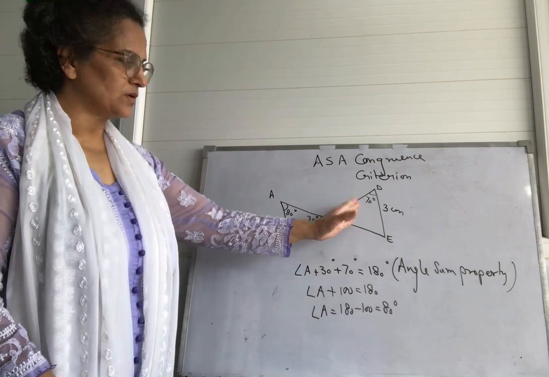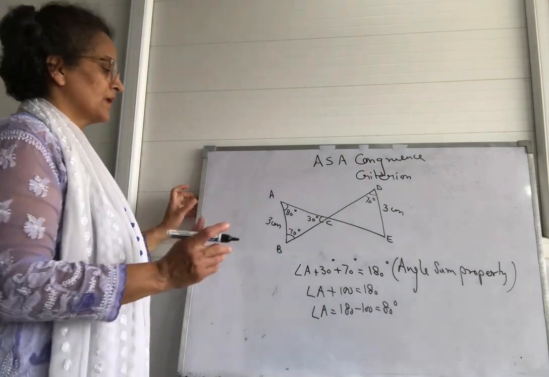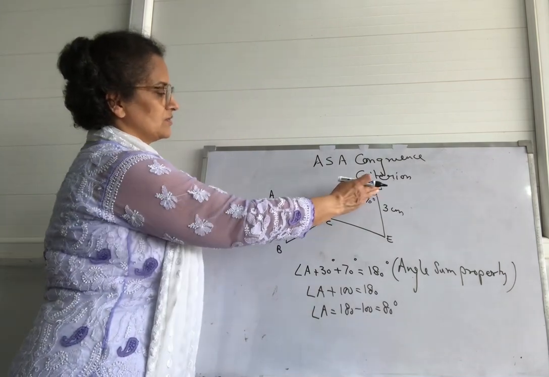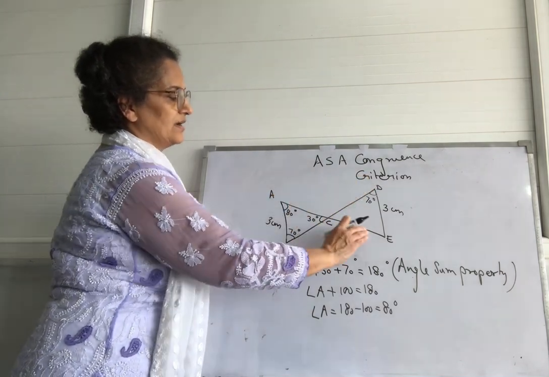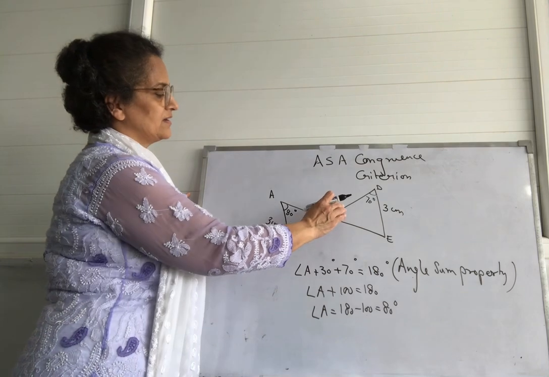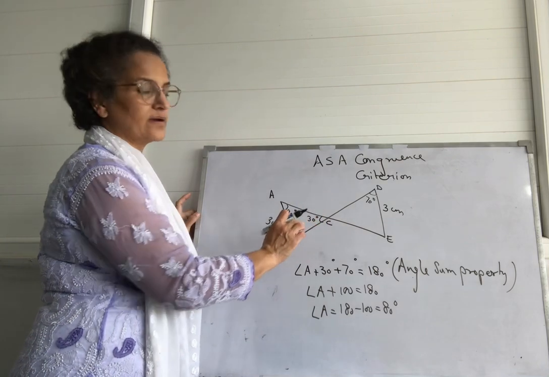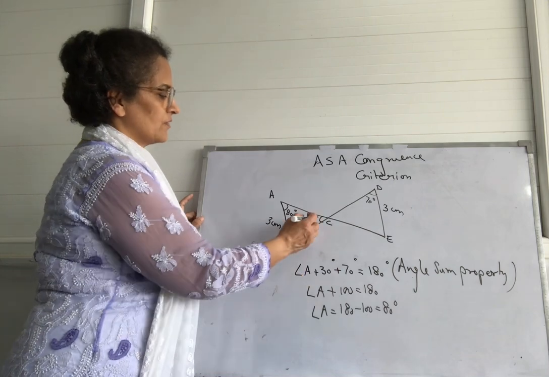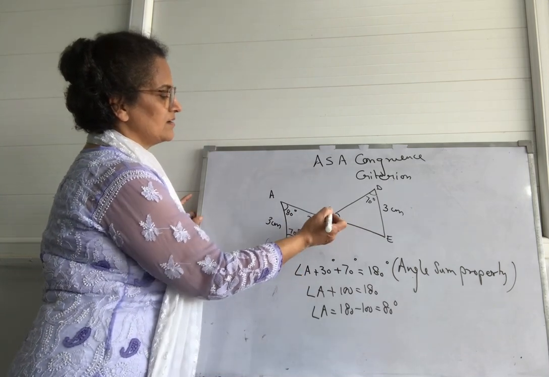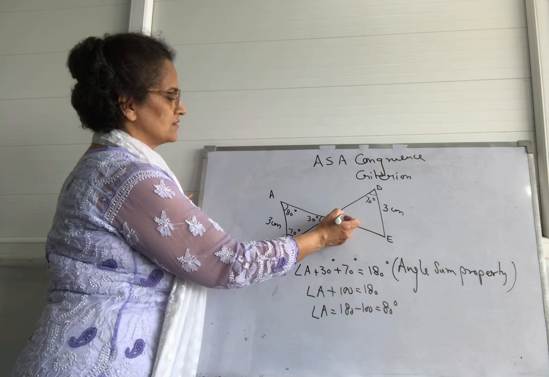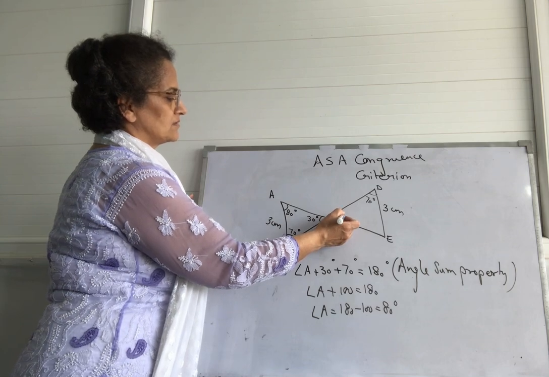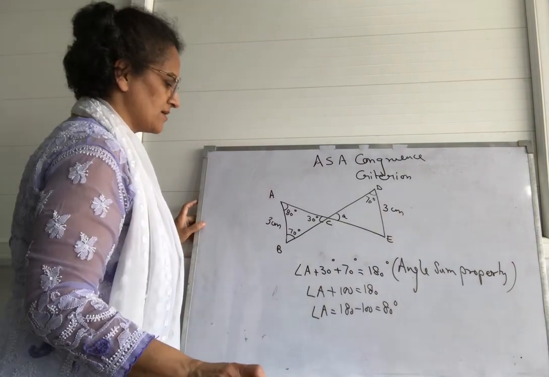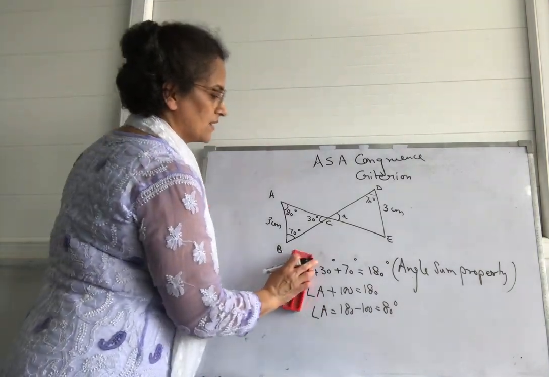Now let's talk about this triangle. This angle was not marked, but we know these two lines are intersecting lines. And for intersecting lines, these two angles formed are vertically opposite angles. So we can say this angle, let me take it as small a.